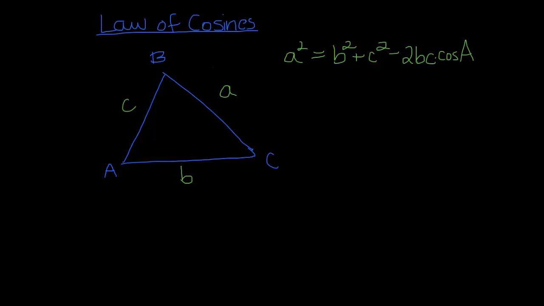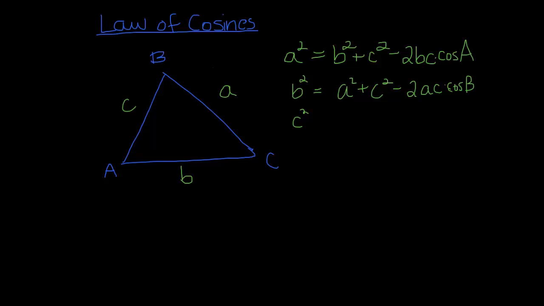Since this is solving for side a, and we just chose a arbitrarily, we could also say that there are two other law of cosines formulas. Side b, I could find by saying b squared equals a squared plus c squared, the sum of the other two sides squared, minus 2ac, using those other two sides, times the cosine of angle B. By now I hope you're seeing the pattern.